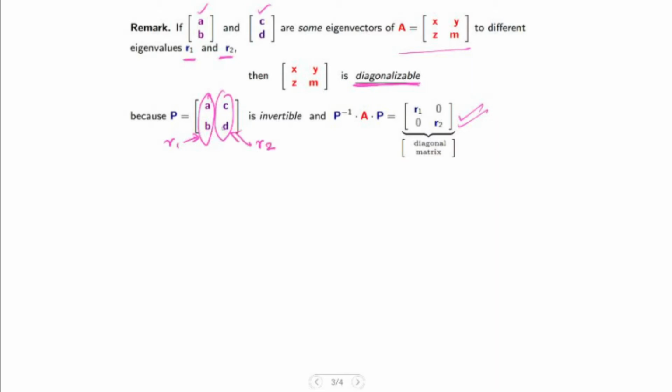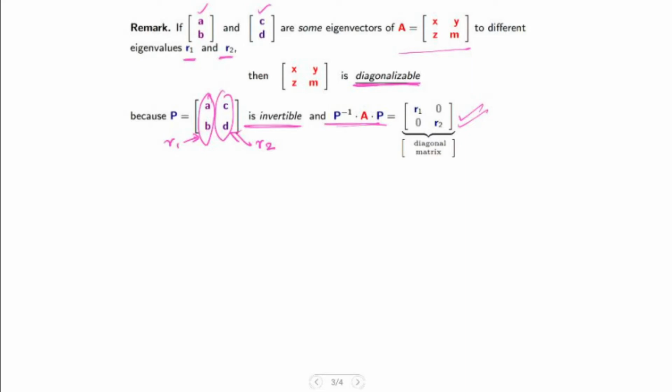If these two eigenvectors correspond to two different eigenvalues, then P is invertible, and in that case this condition will also be true. Now if you remember our last tutorial, I told you that two eigenvectors to two different eigenvalues cannot be on the same line, right?